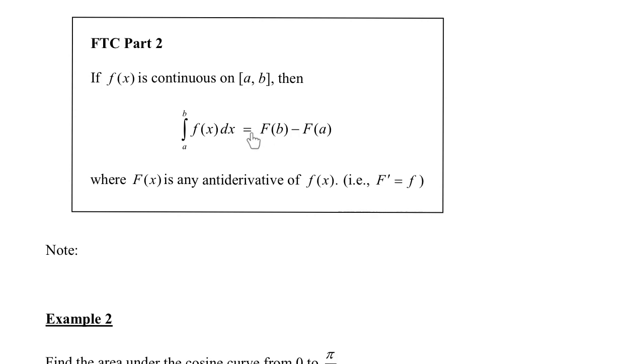Capital F is the antiderivative of little f, so F of x is any antiderivative of f of x. In other words, F prime equals f. There's a way we denote this too, and this is important. We have to know how to denote this, so we don't look like a newbie, right? Denoted F of x from b to a.